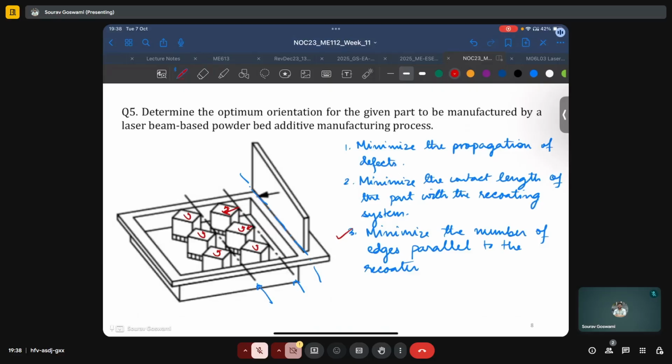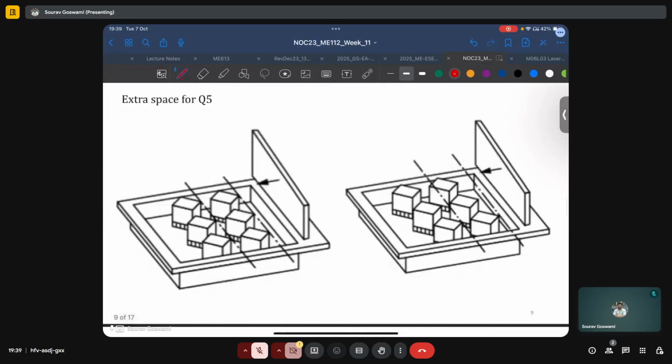Like the bottom one can be kept as is, the middle one can be shifted by a small distance, and the top one can be shifted by a significantly larger distance, such as to offset them effectively. Once they're offset, of course, we'll also have sufficient machining allowance to separate them from the printing region, and we will be able to minimize the propagation of any defects which may erupt in between.